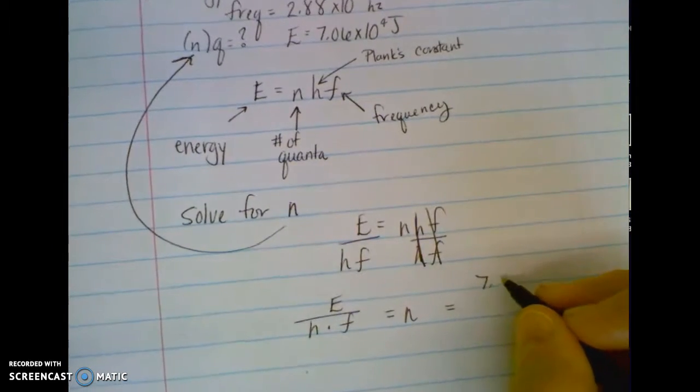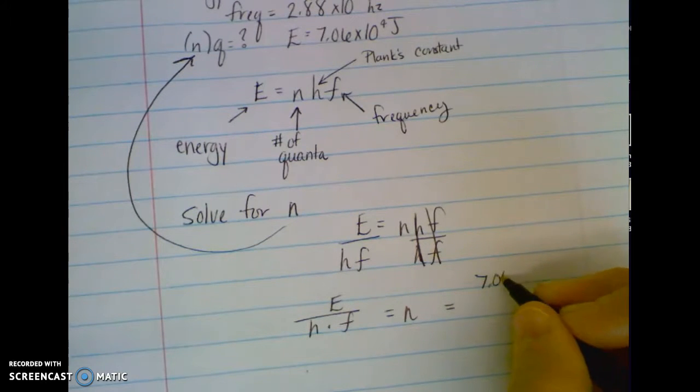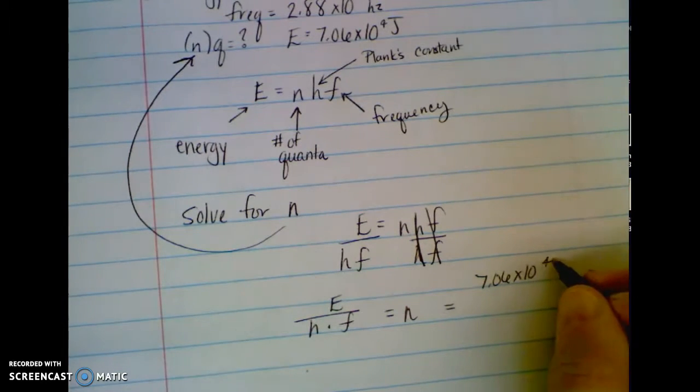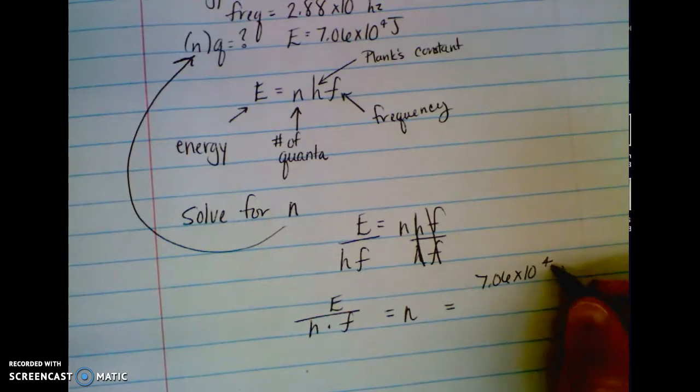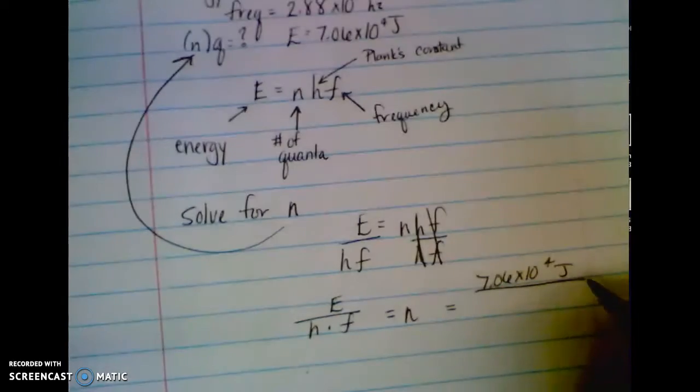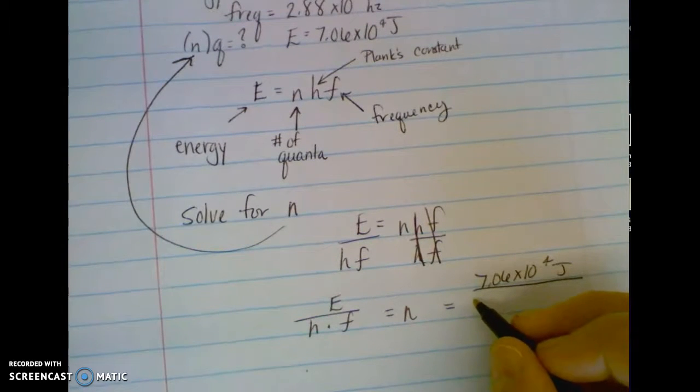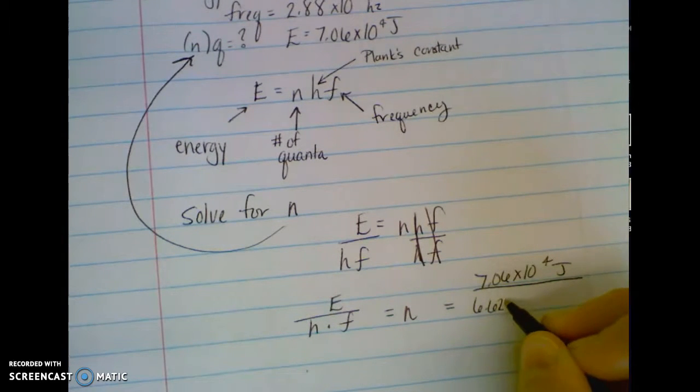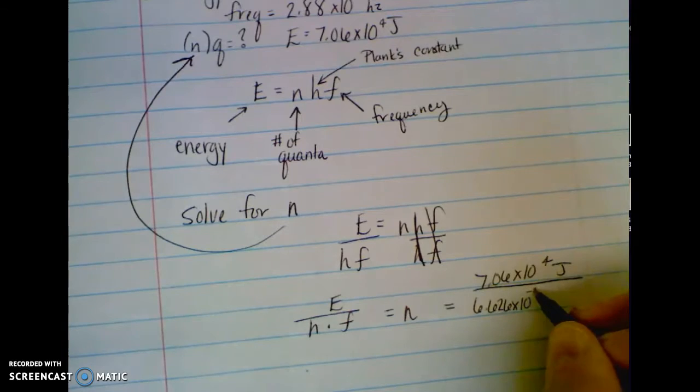So my E is 7.06 times 10 to the 4 joules. My H is 6.626 times 10 to the negative 34.